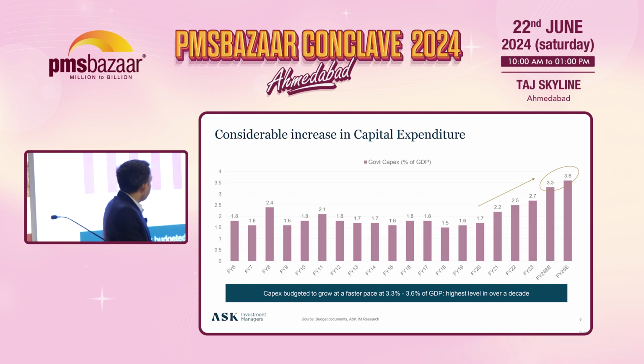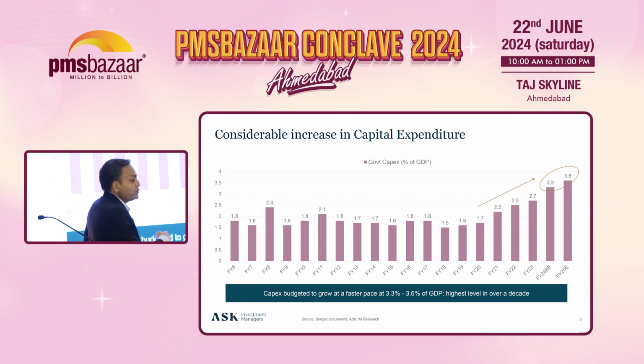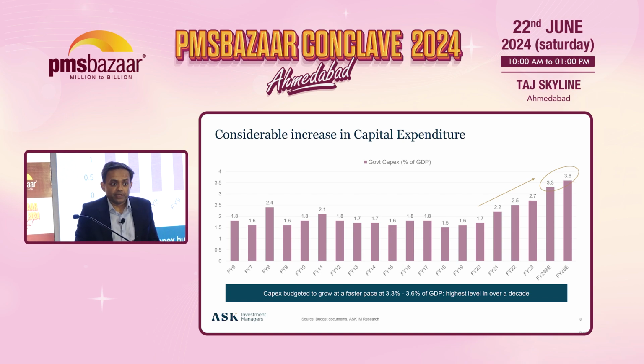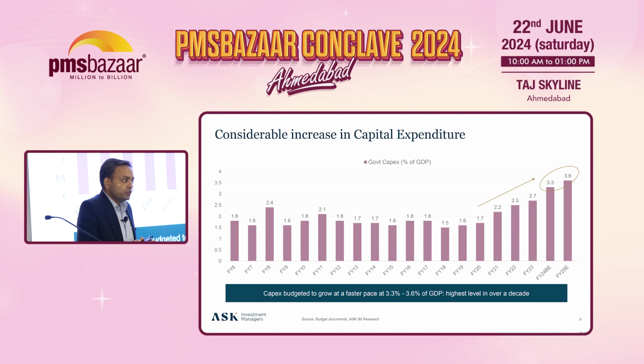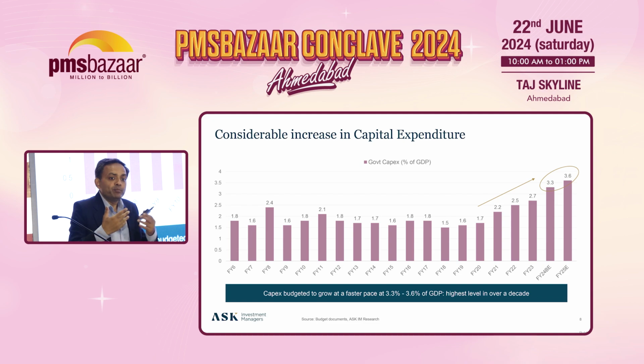Even if it went up in 1 year, let's say in FY 2008, it went up to 2.4% of GDP. The next year again it came down. So there was no structural sustained increase in government spending on infrastructure. Now let's look at what has happened post-COVID.